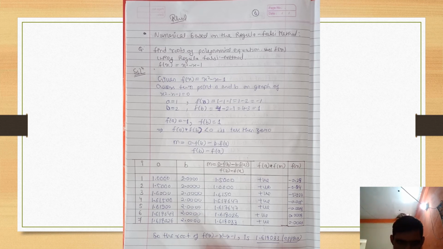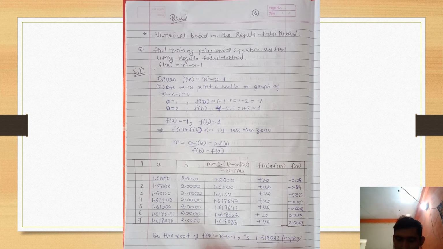So let's compute iteration ahead. We need approximately 7 iterations to find the approximate root of the given function f of x equal to x square minus x minus 1.